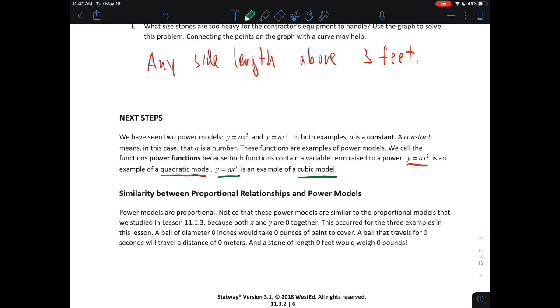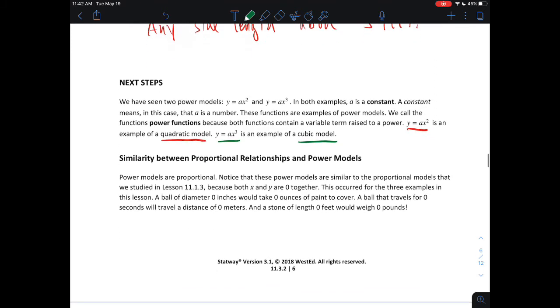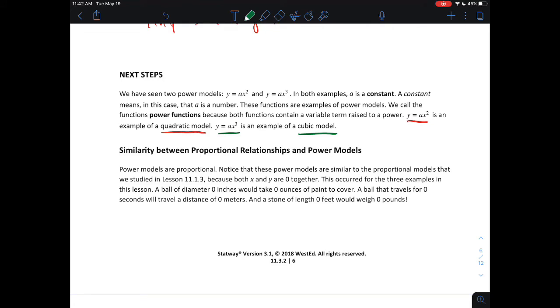So first, what is the similarity between proportional relationships and power models? Power models are proportional. Notice that these power models are similar to the proportional models that we studied in lesson 11.1.3 because both x and y are 0 together. That's really the easiest way to spot a proportion.